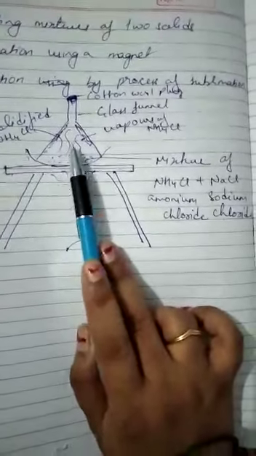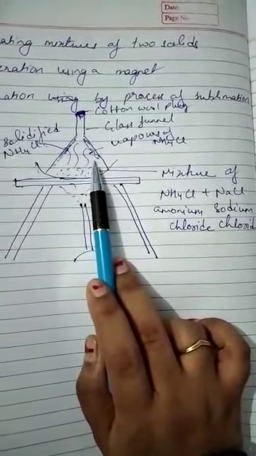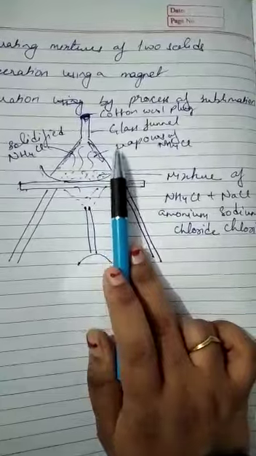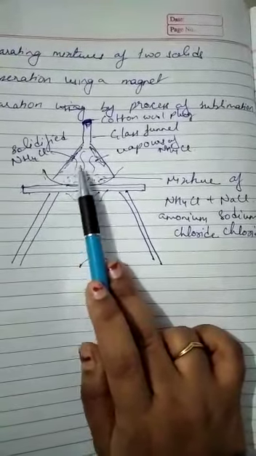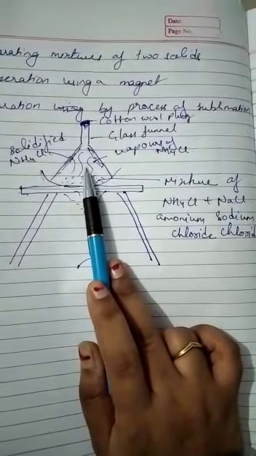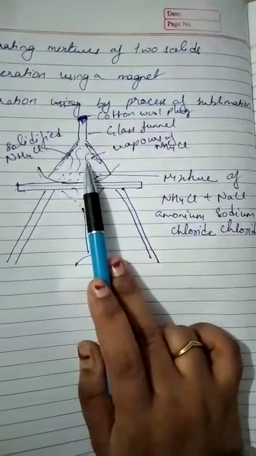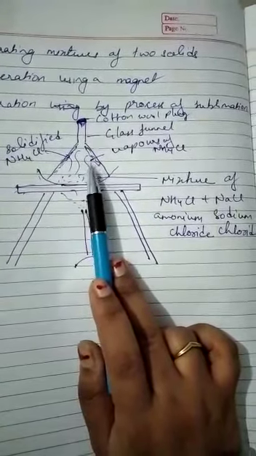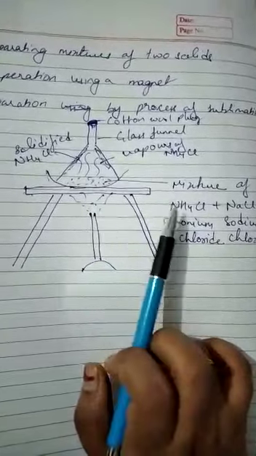When the mixture gives off no more white fumes, the funnel is lifted up, and the deposited solidified ammonium chloride is obtained in the form of fine powder on a piece of paper. This is pure ammonium chloride, and the residue left behind is sodium chloride.